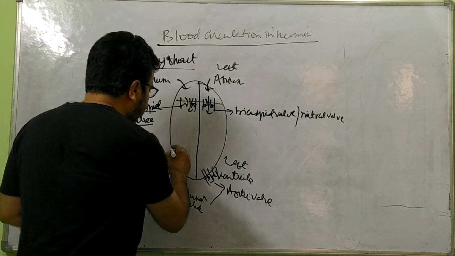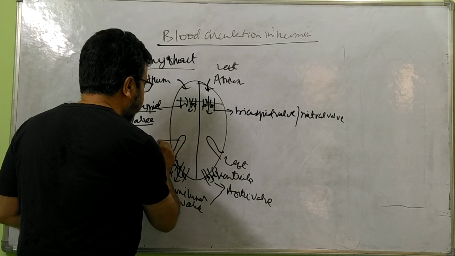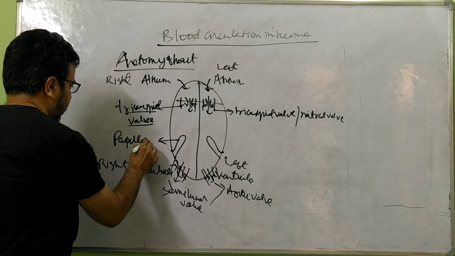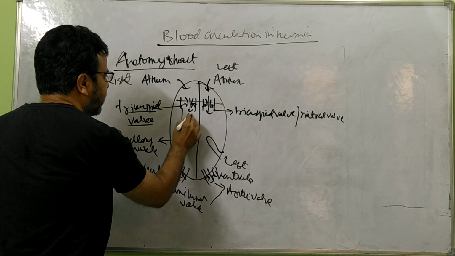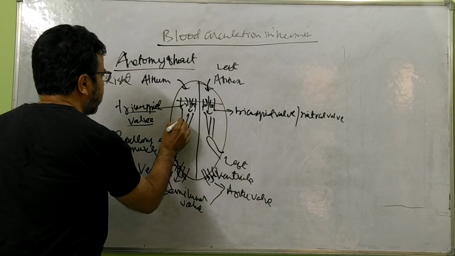Now, here the outgrowth of muscle on the ventricle is the papillary muscle, and the chordae tendineae join the atrioventricular valve with the papillary muscle.